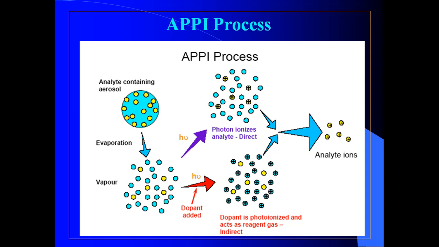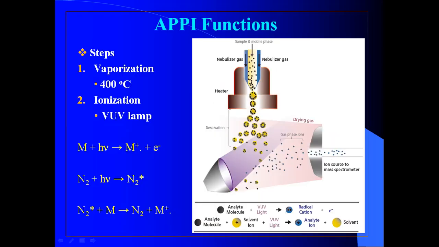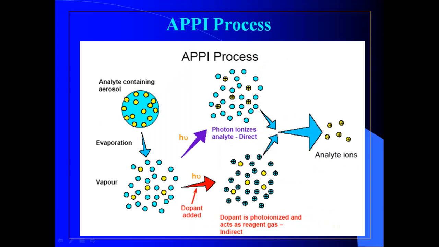Typical analytes usually possess ionization energies in the range of 7 to 10 electron volts. In GCMS, the common GC carrier gases have higher ionization energy values, so the analyte can be selectively ionized without interference from ionized carrier gas molecules. Often a krypton discharge lamp that emits photons of 10 and 10.6 electron volts is used.